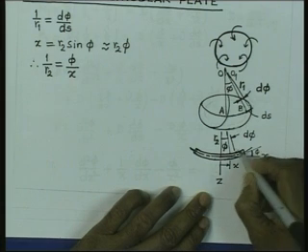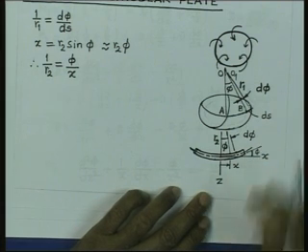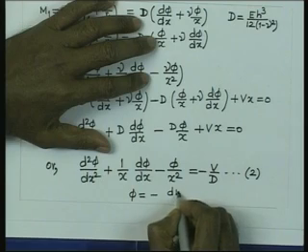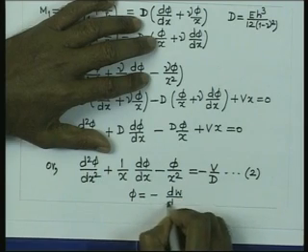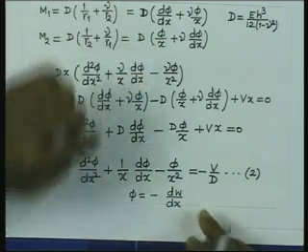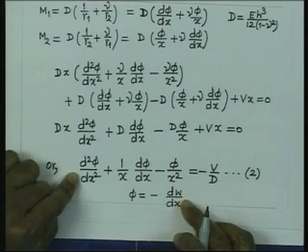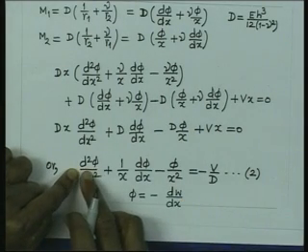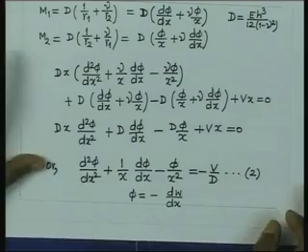So, since phi is considered to be positive here, therefore, phi is nothing but minus dw dx. And therefore, you see that deflection of the plate is given by this equation. So, we will consider further about this particular equation, and we will try to apply it to few cases and see how we can calculate the deflections and also the stresses.